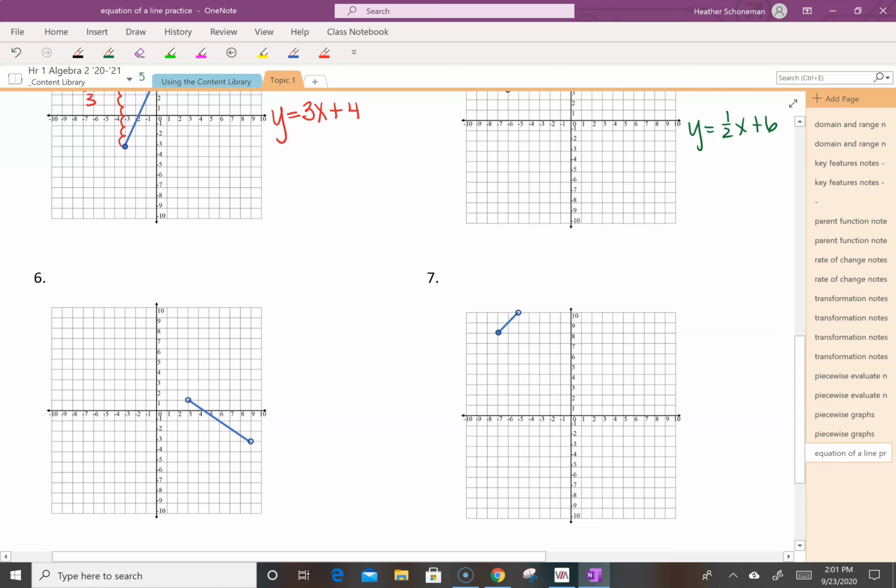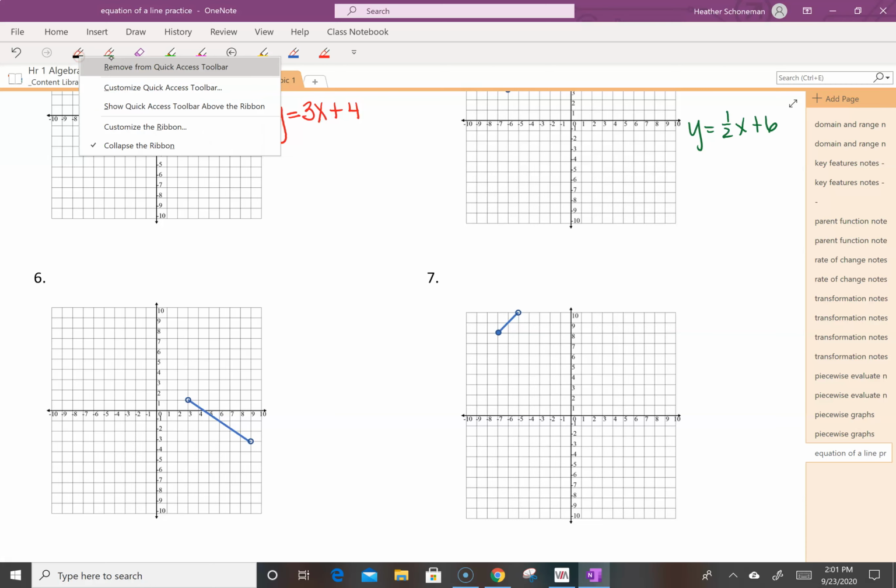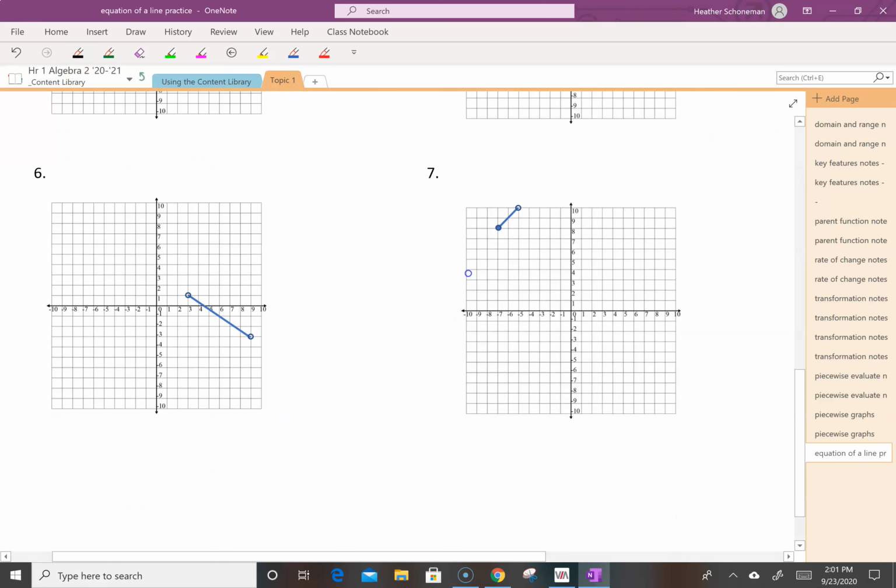Okay, let's try this again on number 6. We can figure out the slope. The slope is down 2 and right 1, 2, 3. So the slope is negative 2/3. I wasn't given the y-intercept, but I kind of see where it's going to go. Let's check.